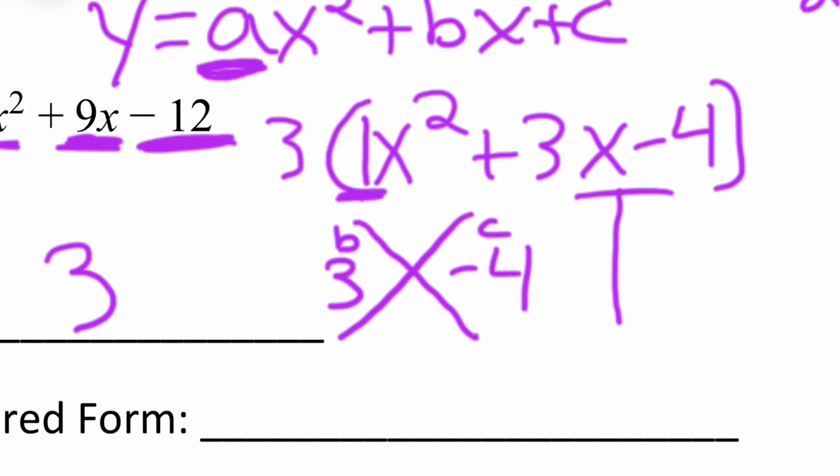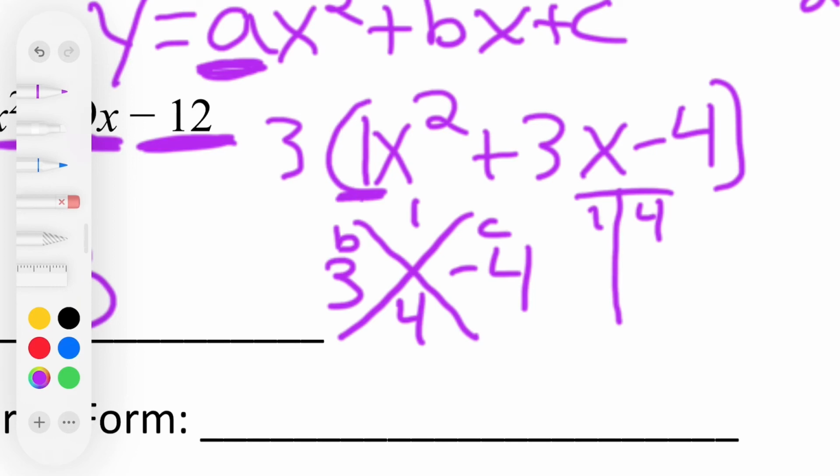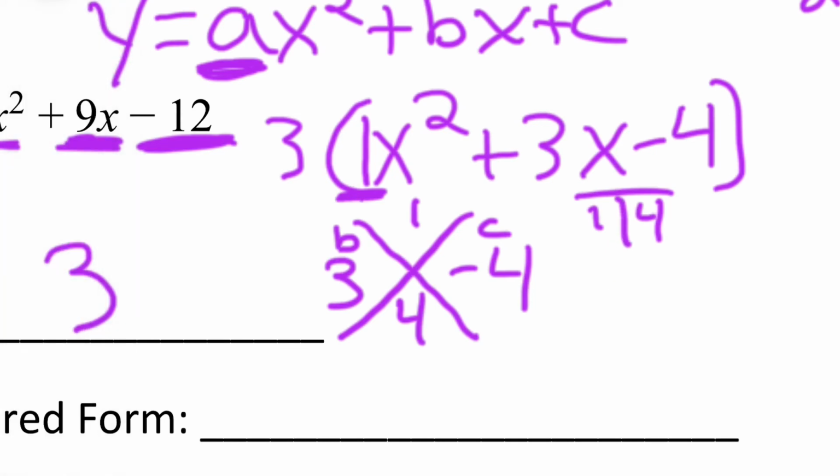I'm creating a t-table. What times what gives me 4? Well, smallest number is 1 and 4. Can I add and subtract 1 and 4 to get to 3? Yes. 1, 4. So my question, as I'm doing this, is I want 1 times 4 to give me negative 4, and 1 plus 4 to give me 3.